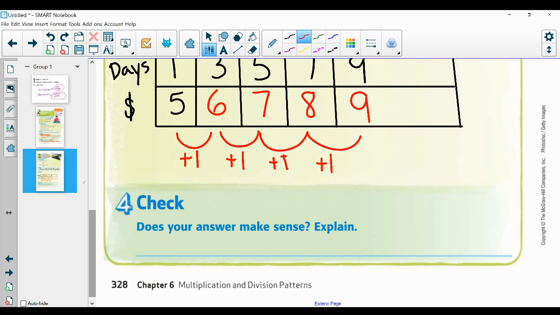So does my answer make sense? Yes, because each of these is adding 1, and he only earns money every other day. So I'm going to write yes. Remember, it's the beginning of a sentence, so capital Y, comma, because he only gets $1 more each day.